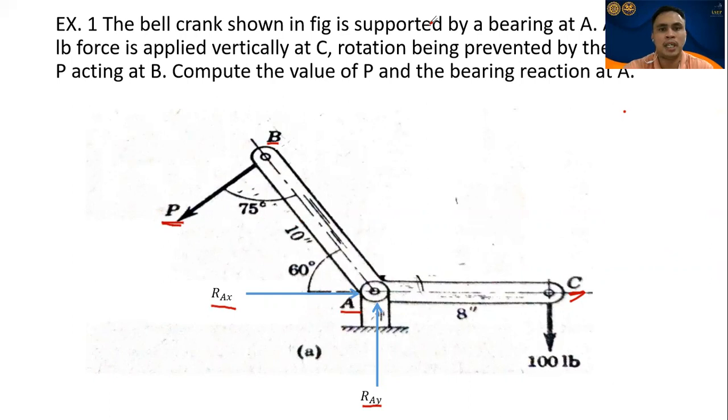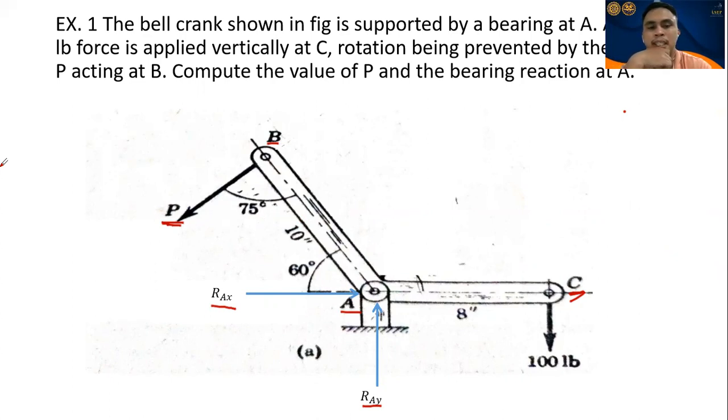Nagingon man siya nga equilibrium bali ning figure nato, class, kay gina-prevent sa force P ang pag-rotate sa bell crank. So nag-ingon siya dito, class, if these coplanar forces are in equilibrium, they must be concurrent. So naa silay certain point nga ga-intersect sila.